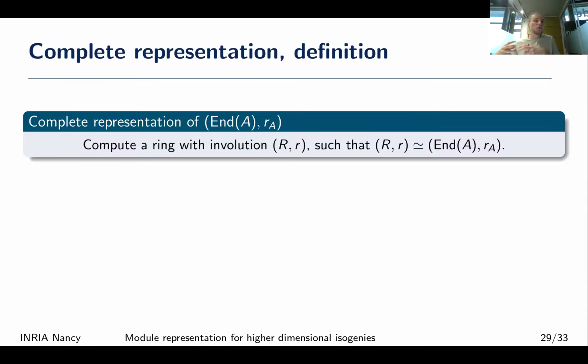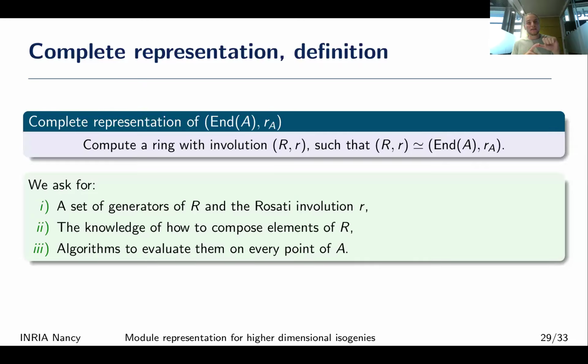When I say that we want to compute a complete representation of the endomorphism ring of A and of some polarized data given by the Rosati involution, I mean that we want to compute first a set of generators inside the ring R together with the Rosati involution, little r. Moreover, we also want to know how we can multiply elements of such an abstract ring R. And finally, we want to have access to algorithms that allow us to evaluate elements of R, which is isomorphic to the endomorphism ring of A, on any point of A. Okay, so we're really asking for those three things.